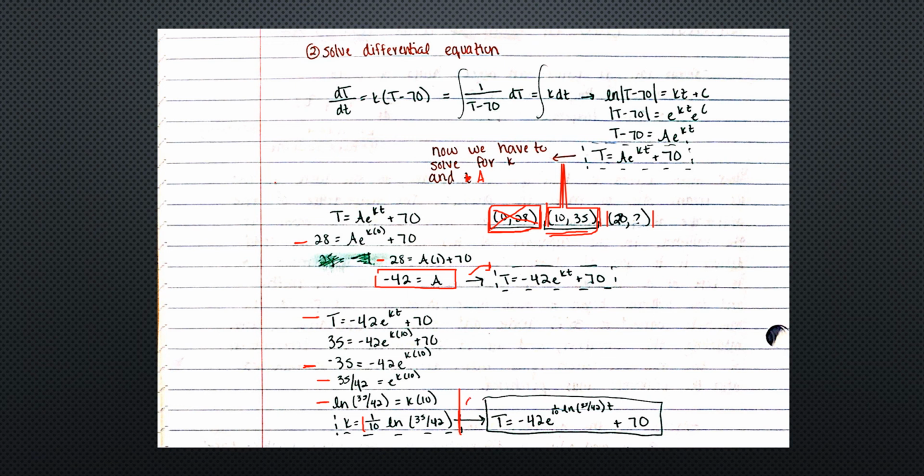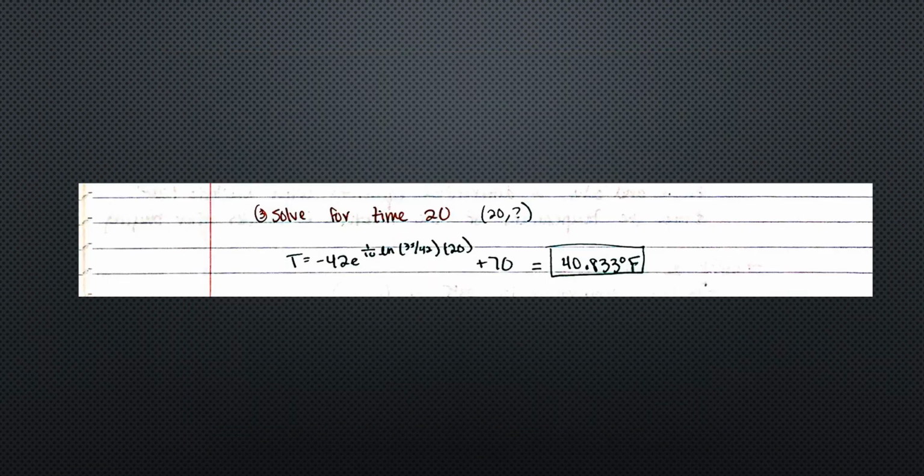And now we plug this back into our original equation, and we get T equals negative 42e to the 1/10 ln of 35 over 42 times t power plus 70. And we can use this equation to find the temperature after 20 minutes had passed.